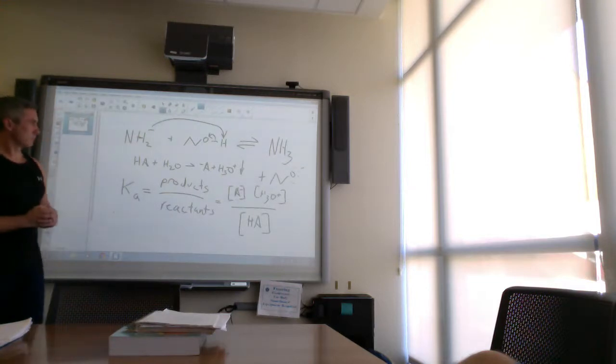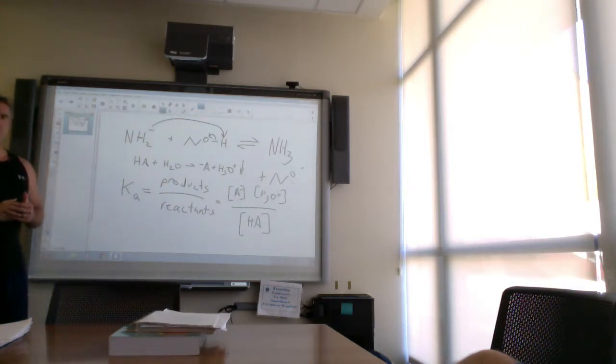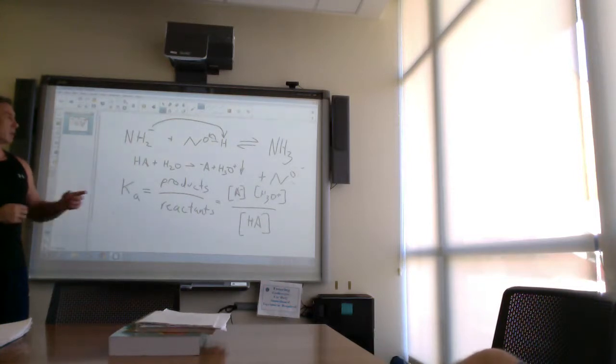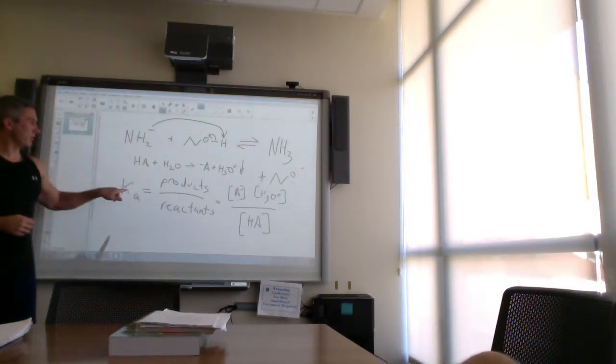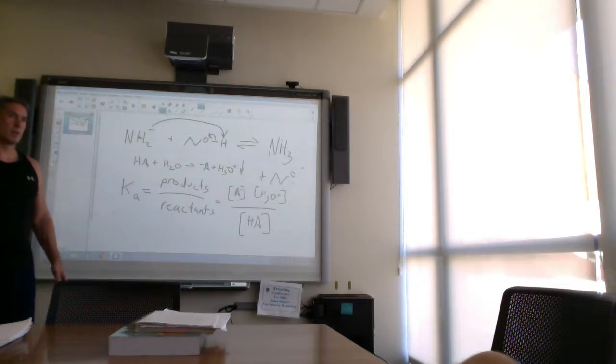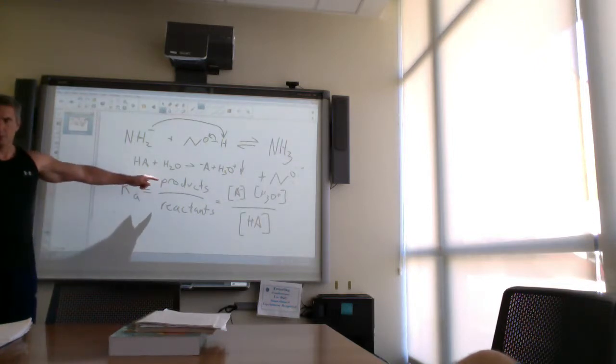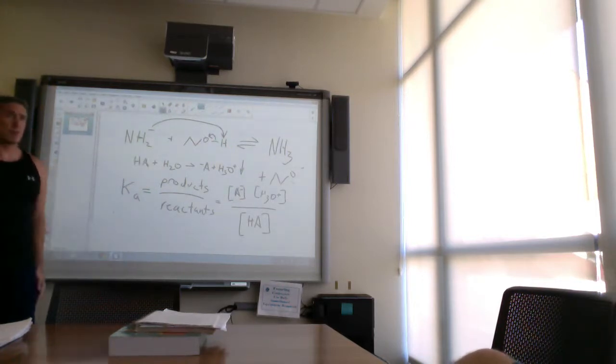Using this ratio, if this is really big, what am I saying to you? More products. You're making a whole lot of product. If it's a weak acid, does it dissociate completely? No. So do I make a whole lot of product?